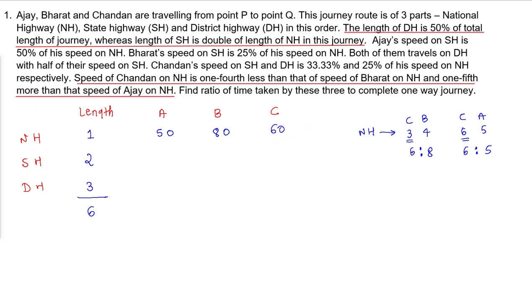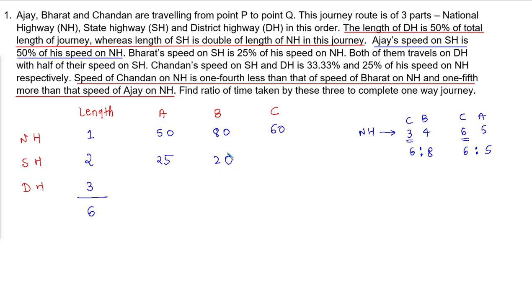After that, let's read this statement. Ajay's speed on SH is 50% of on NH. So Ajay's speed on SH is going to be half of 50, that is 25. Then Bharat's speed on SH is 25% of speed on NH. That is 1/4 of 80 is 20.